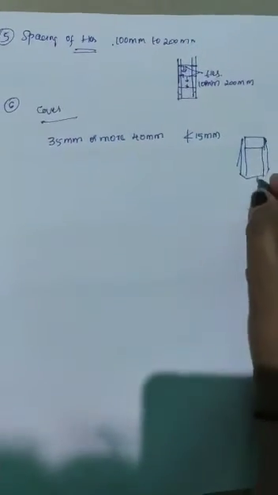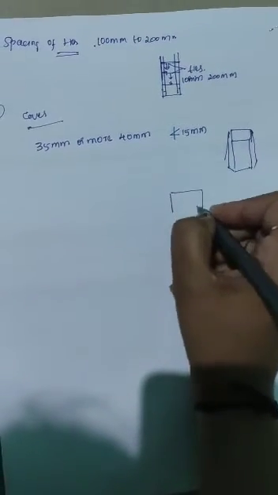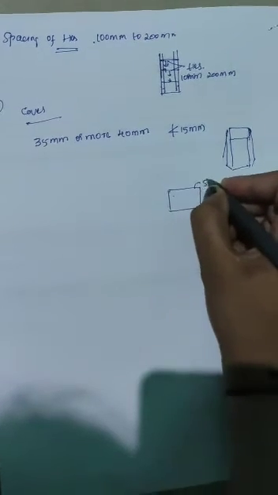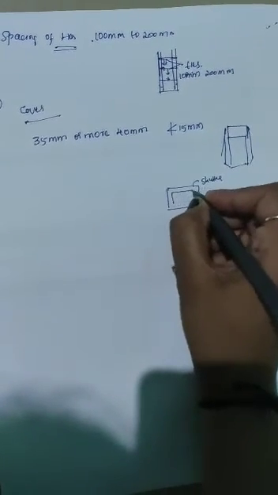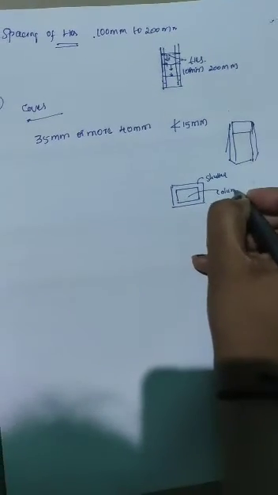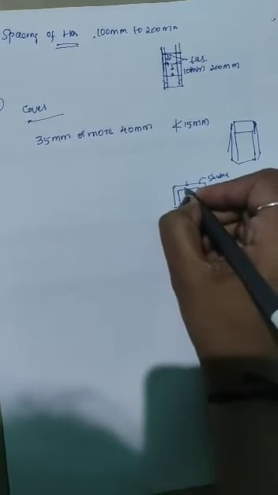While constructing this column, if we see from the top, this is the shuttering that we have provided. This is the column portion. Inside this, the gap you can see is the cover.